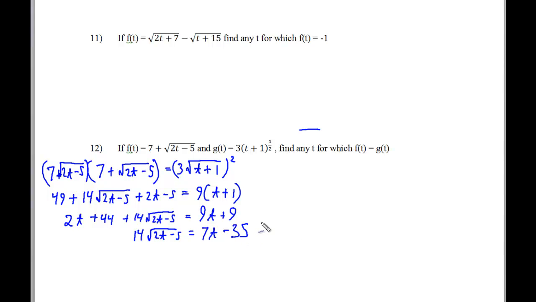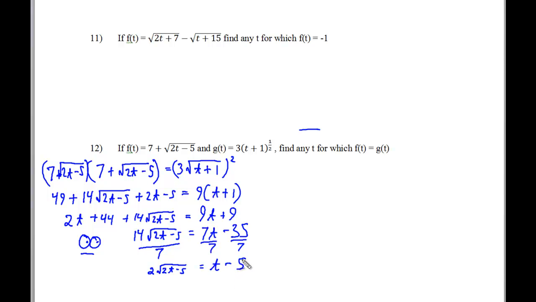Now, a clever technique: if you take a look at 14, 7, and 35, they are all divisible by 7. So in a neat little trick, I can divide all of these by 7, which will give me 2 square root of 2t minus 5 is equal to t minus 5.